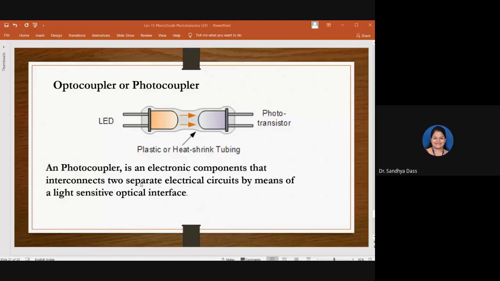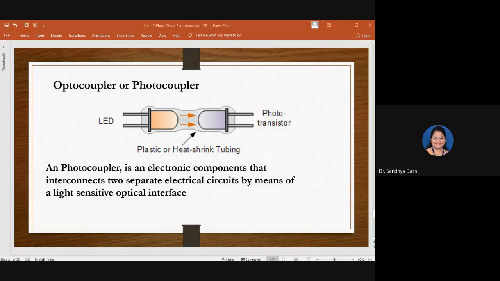Electrical isolation between the input source and the output load using light is achieved by the optocouplers. So what I mean to say, optocouplers isolate the input source and the output load, right?